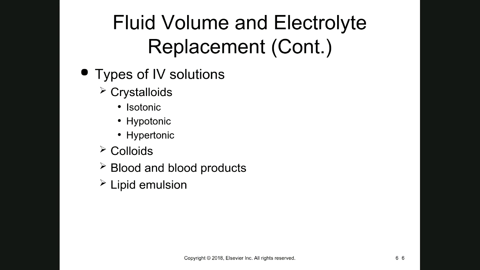So excessive infusion of hypotonic solutions may cause hemolysis. So if a person's super dehydrated, what would you use? Start thinking that way. Decreased blood pressure and decreased interstitial fluid volume.